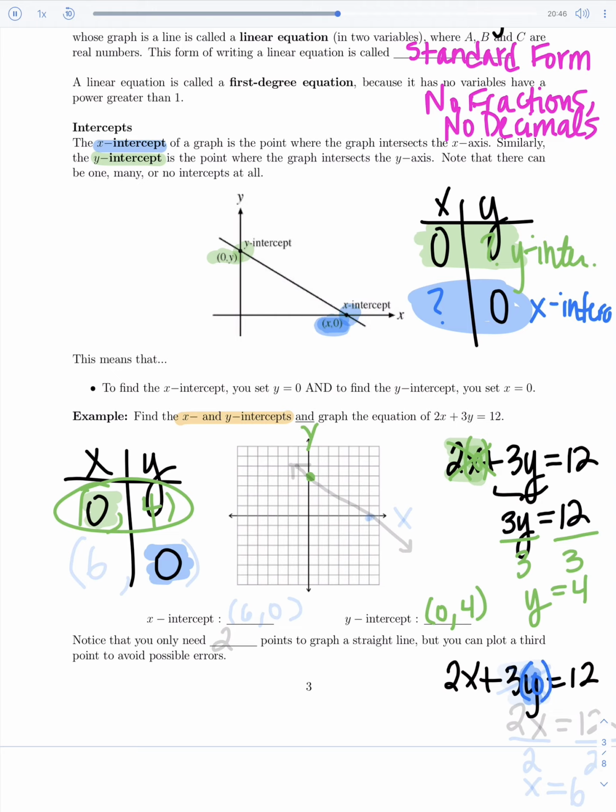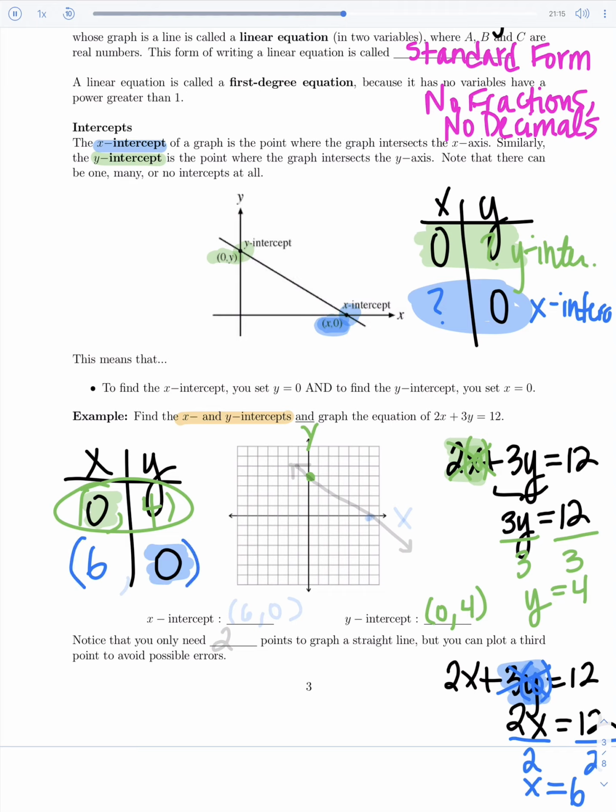Then notice what I end up with is 3 times 0, which is 0, so that whole piece will just vanish, and I'll just have 2x equals 12. That's a whole lot easier to solve because I can just divide both sides by 2, which gets me x equals 6. So when I plugged in 0 for y, I got out an x of 6.